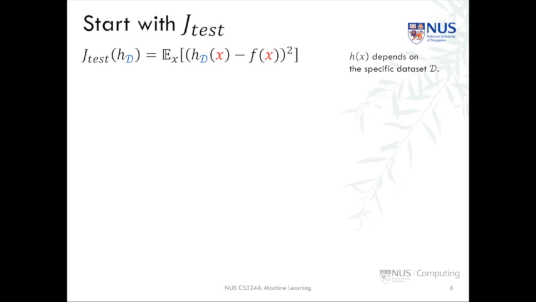So we're going to generalize what we mean by D and look at how the test cost varies with respect to our expected data sets. We can write this out, just plugging in the previous formula that we have up here.